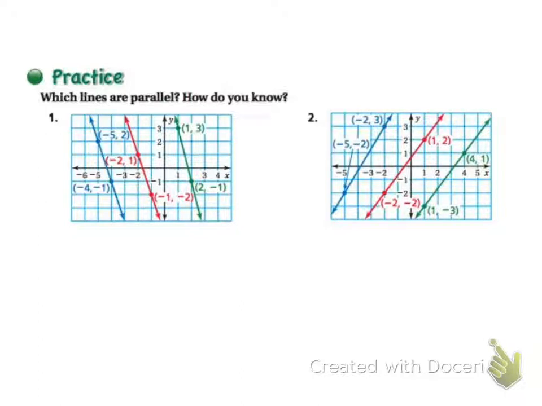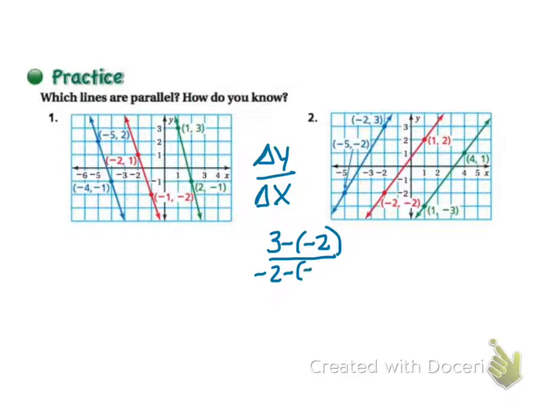So again, here's the ratio for slope. Change in y over change in x. I am doing the same for all. I'm always subtracting the coordinates. So for blue, I have 3 minus a negative 2, okay? Because those are what the integers are. I'm going to put that over negative 2 minus, and then I have a negative 5. So that's why I use these parentheses, so that I don't accidentally forget that negative.